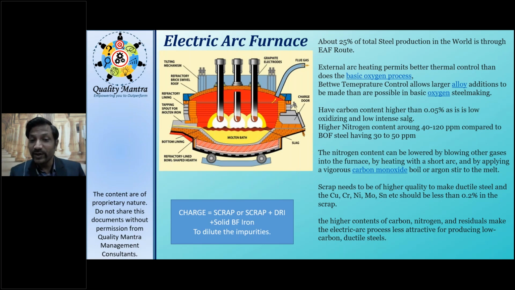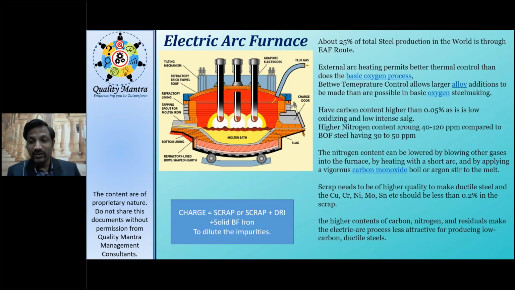How much is the temperature? Yesterday itself we learnt, what is the temperature range we are getting in the basic oxygen furnace? 1200 to 1600. Yes, good. And what are we adding to control that temperature, because very high temperature can damage the refractory lining? So what are we doing in the basic oxygen furnace, what are you adding?